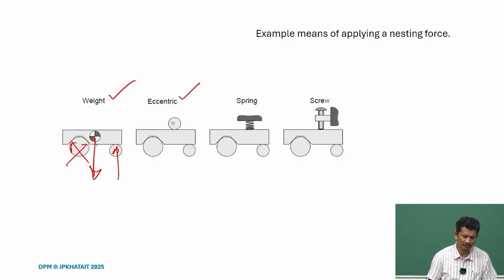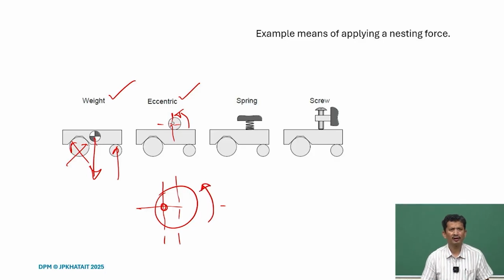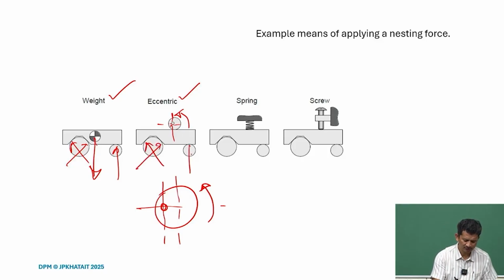Other is the eccentric cam. You can see, if you rotate, this is the center, but it's pivoted here. As we turn, we get the wedging effect, and we can lock it, and again we can get sufficient nesting force here.